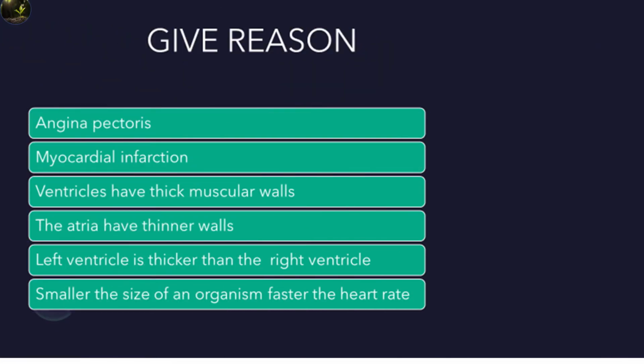The next question, that is give reason. First one, angina pectoris, myocardial infarction, ventricles have thick muscular walls, the atria have thinner walls, left ventricle is thicker than the right ventricle, smaller the size of an organism, faster the heart rate.